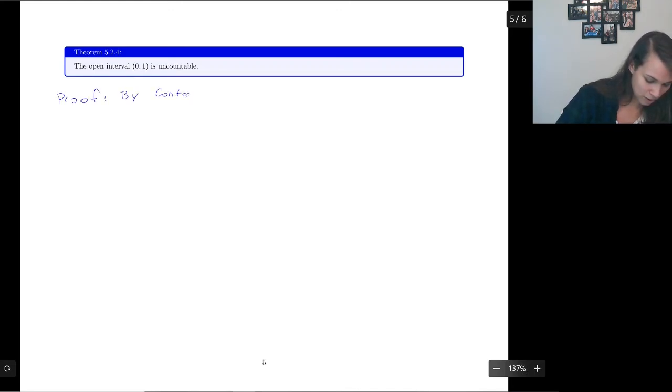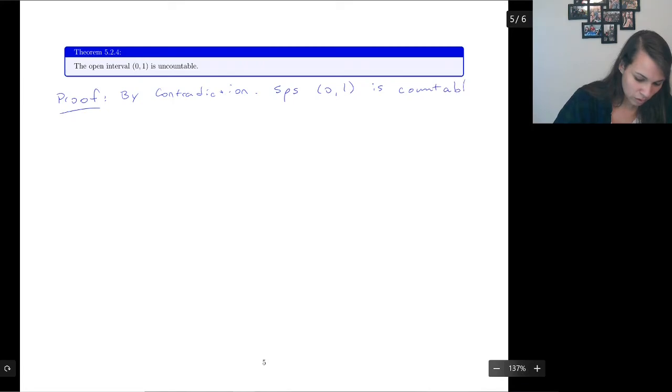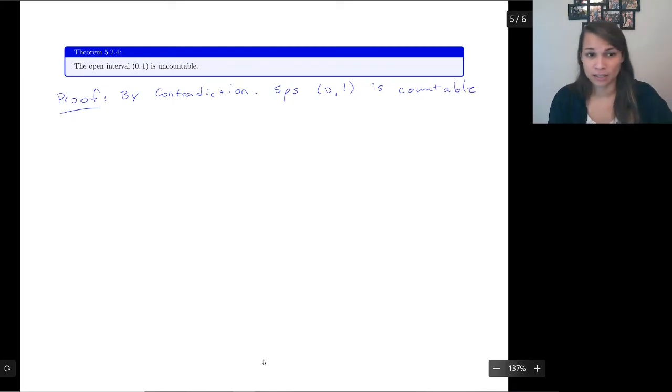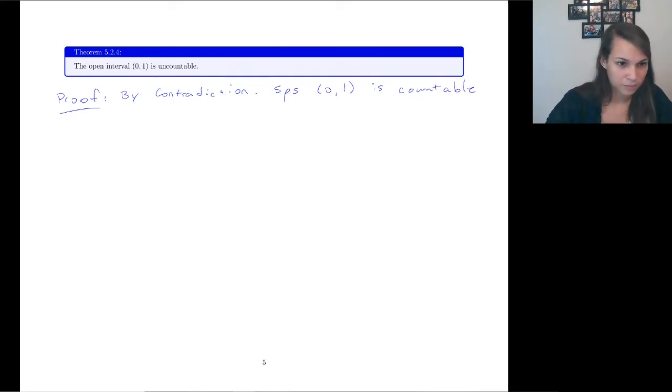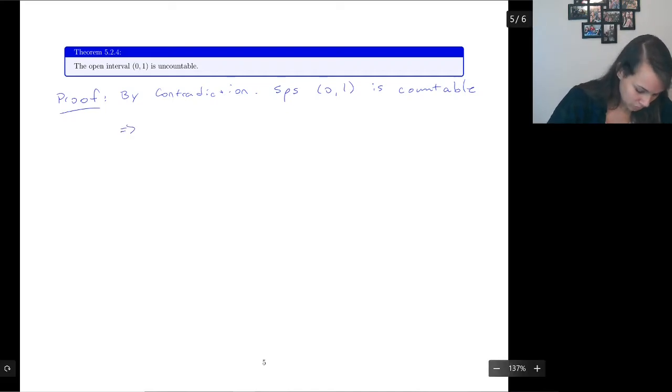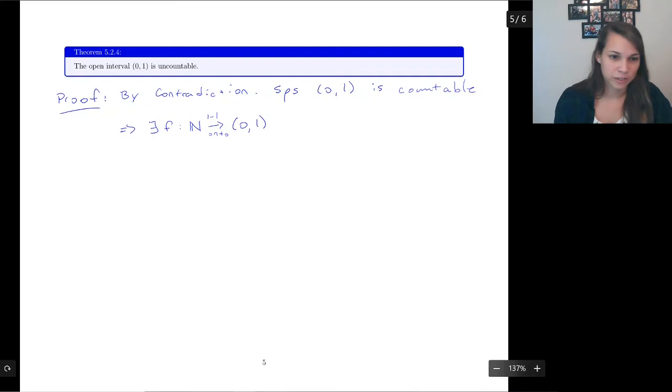We're going to suppose that 0 to 1 is countable. We're going to then conclude that since it is countable, there exists f from the natural numbers to 0, 1, where f is a 1-to-1 onto function.